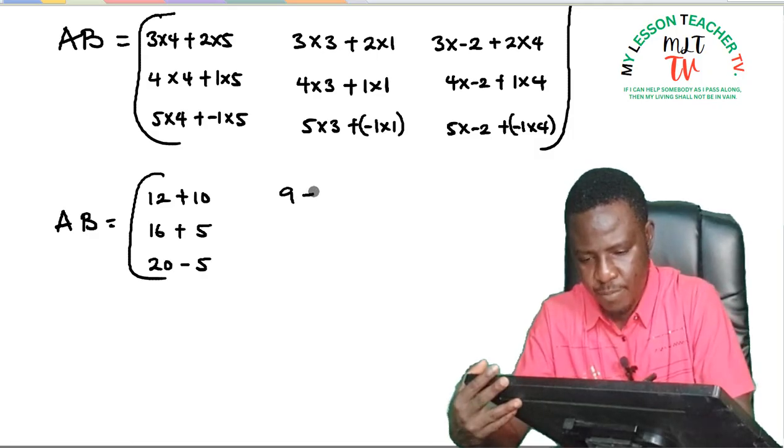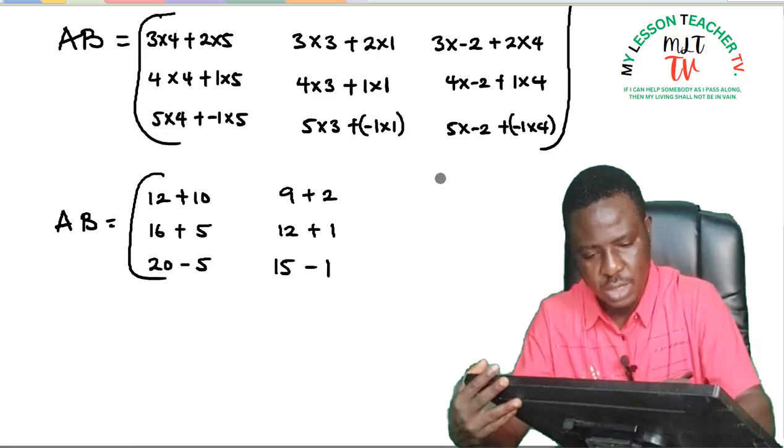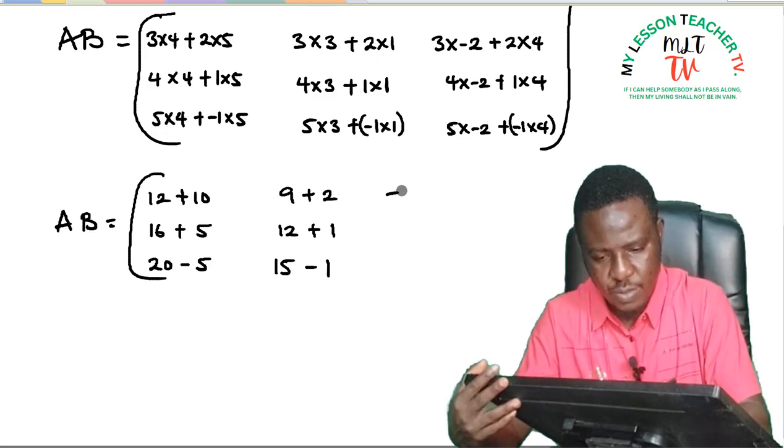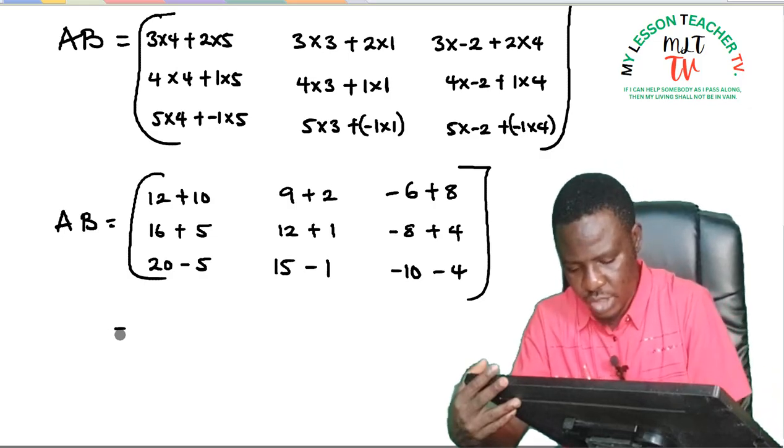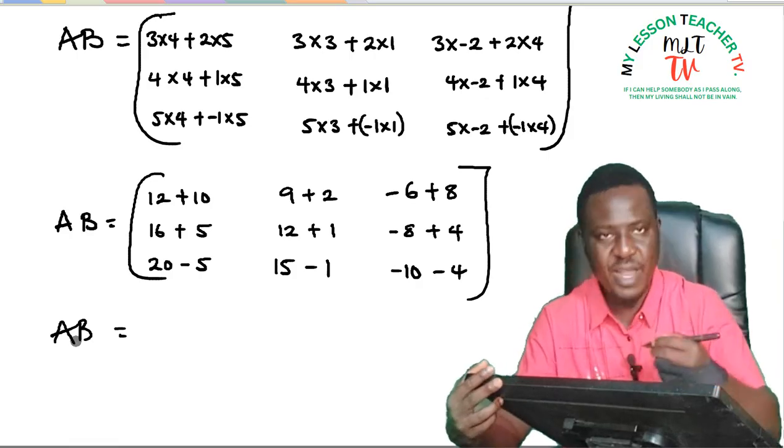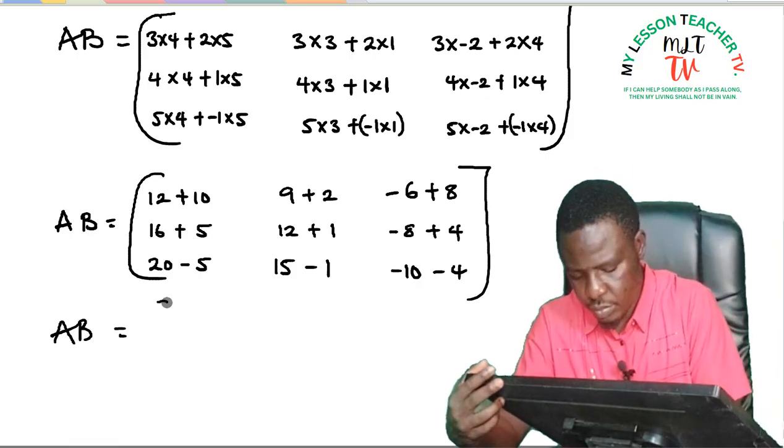This will be 9 plus 2, 12 plus 1, and 15 minus 1. This is minus 6 plus 8, minus 8 plus 4, and minus 10 minus 4, which is equal to, I have done the multiplication. I'm just simplifying it step by step.